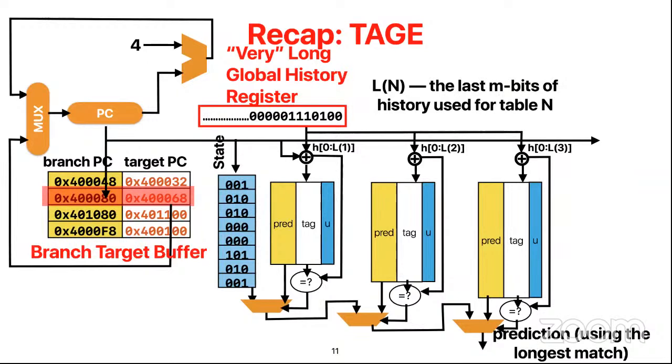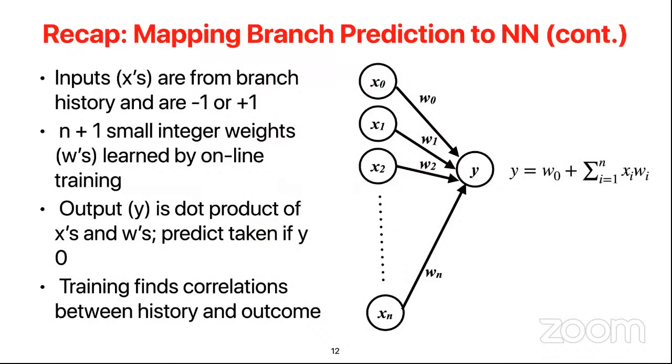And finally, the most recent advance of silicon technology allows us to build a large predictor. So perceptrons, or say neural predictors, are finally making inroads into modern processors.